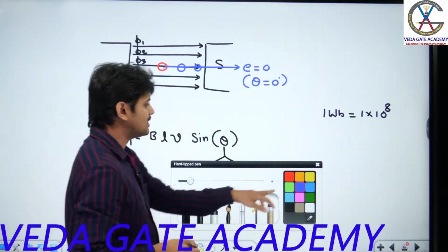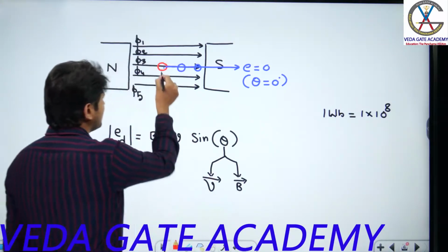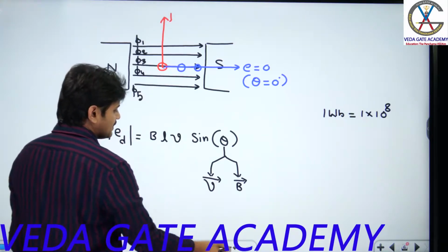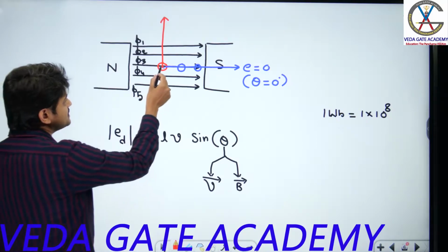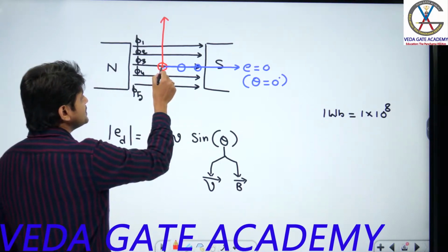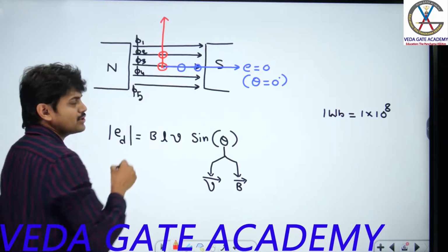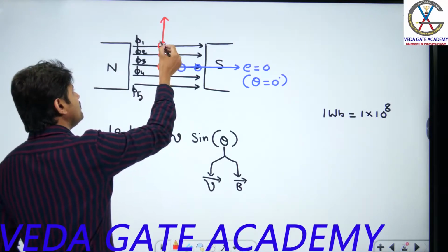Now let us consider a different case. Suppose now I am trying to move this particular conductor in this direction. Let us try to see. At this instant, initially the conductor is linking with which flux line? 3. Now the moment this conductor comes to this position, it is going to link with the phi 2 flux line, and after some time it is going to link with phi 1.